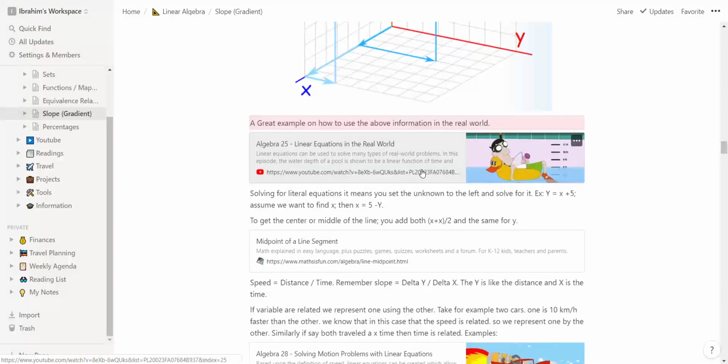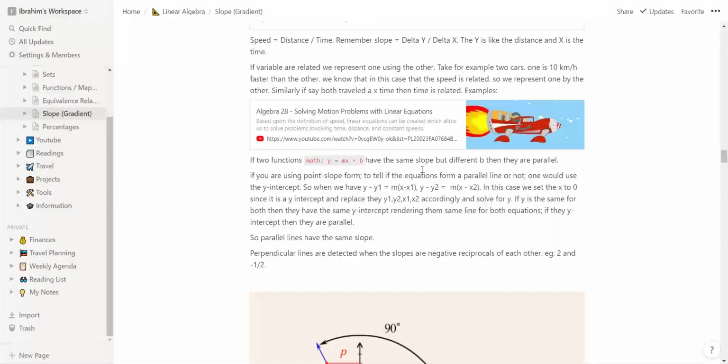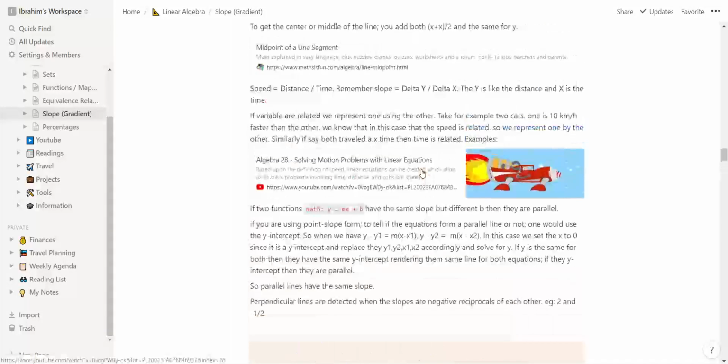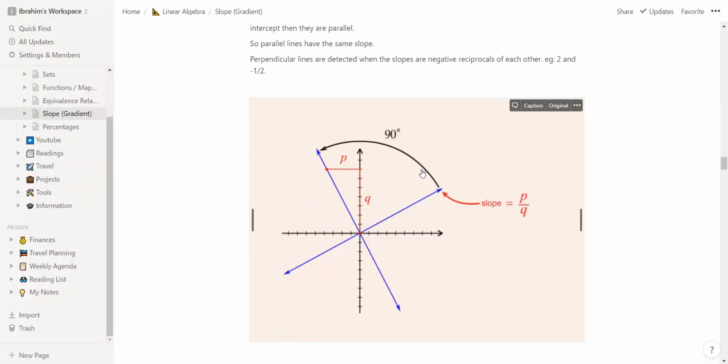And following on the lessons that we've looked at, we've looked at perpendicular slopes to each other.